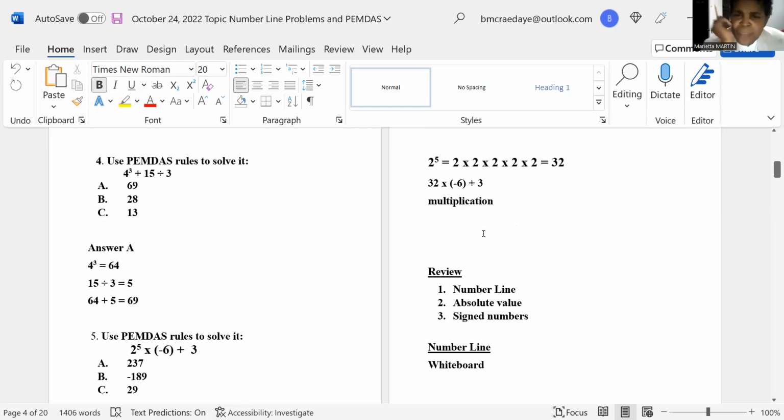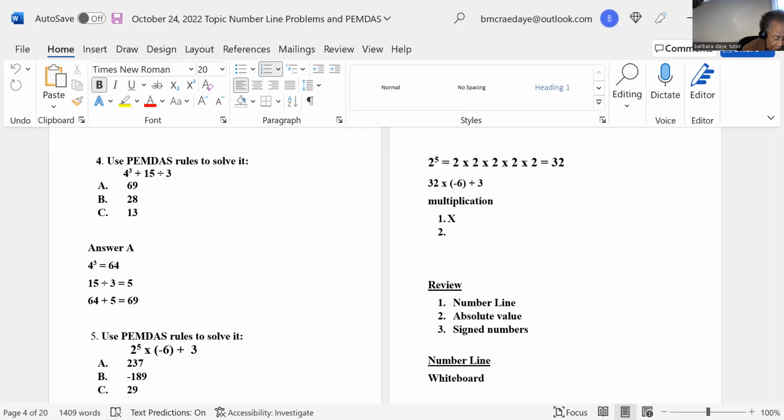This is multiplication right here, 32 times a negative 6. So for multiplication, you can have the x, you can have the asterisk. Oh, I don't know that one.